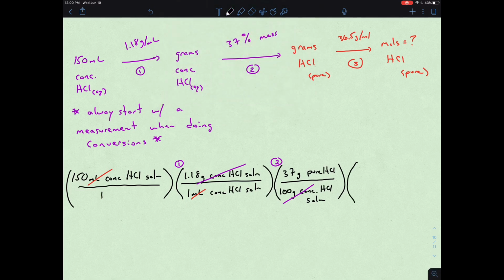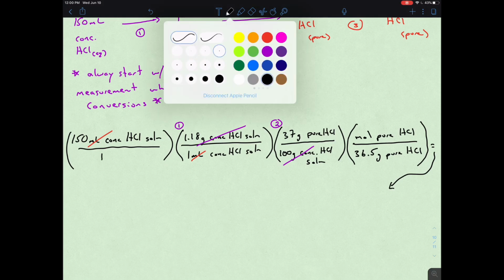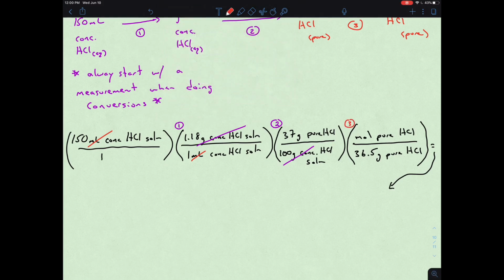And then my last step would be taking that mass value and dividing it now by 36.5 grams per mole in terms of my pure hydrochloric acid. And so that is our third step now to get out of mass and get into moles.